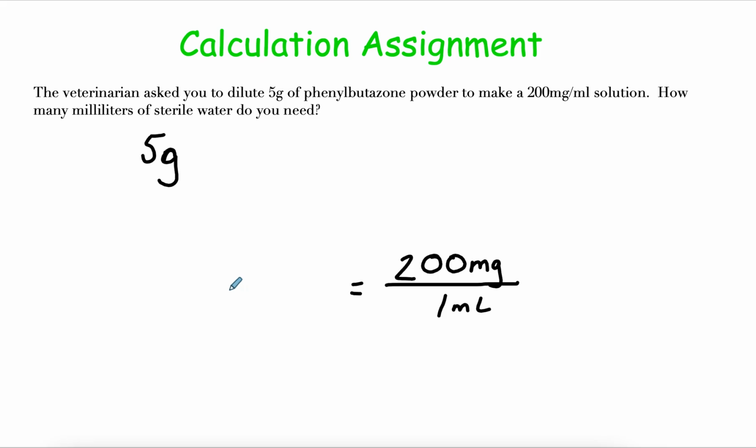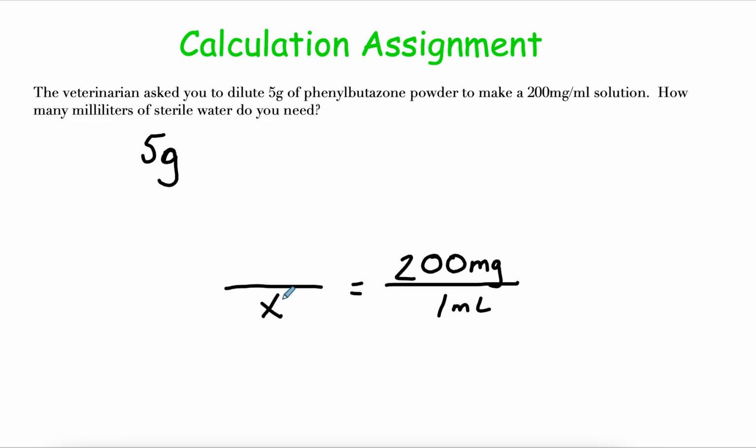Okay, so when we do a proportion, again, we're comparing 2 ratios of equal value, a proportional value really. We know our mass. We know how much powder we want to add: 5 grams. What we don't know is how much of the fluid we need to add. So that is the X in our equation.